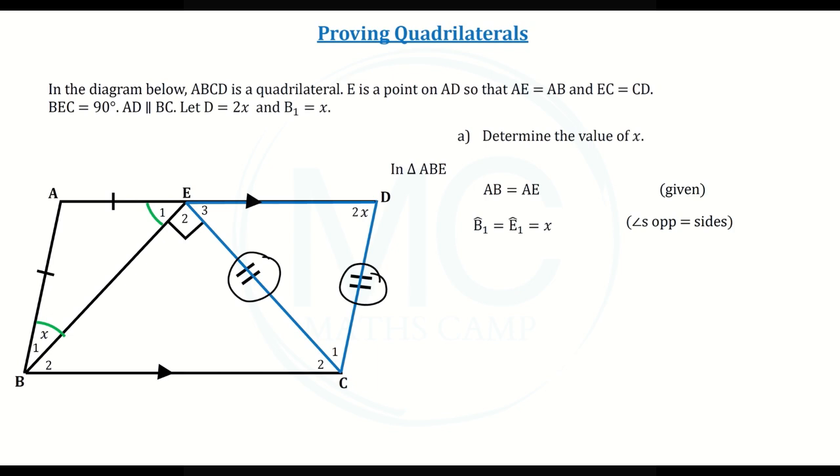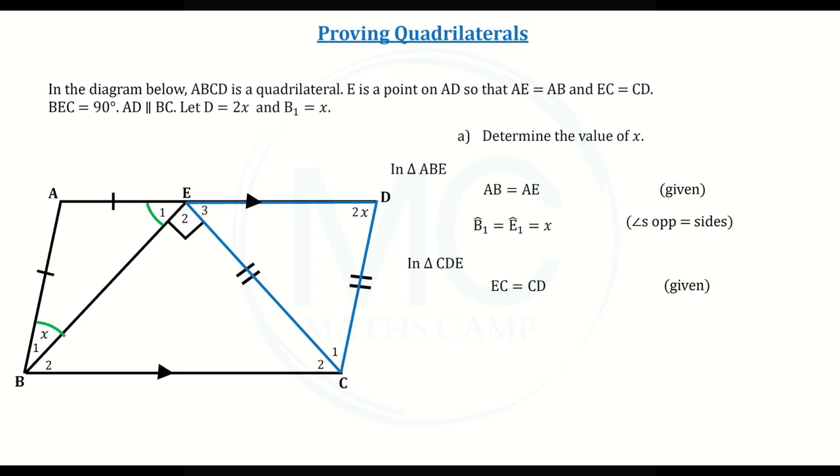And once again, we know that an isosceles triangle has 2 equal sides and 2 equal angles. So now we can say in triangle CDE, we know that EC is equal to CD because this has been given to us in the question.